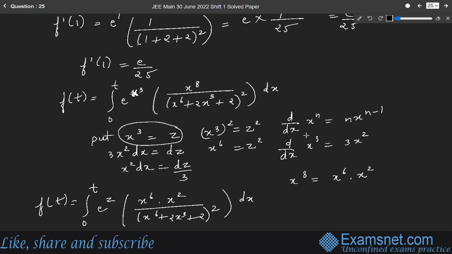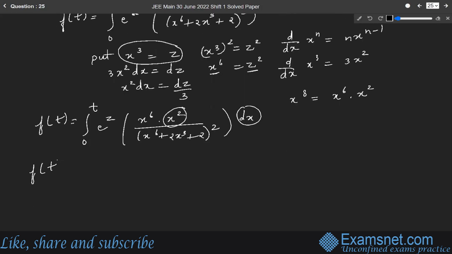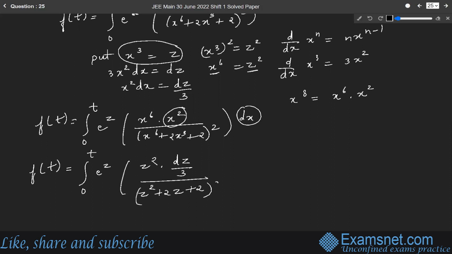Now let us substitute the values. We know that x to the power 6 is z², and x² dx is equal to dz upon 3, okay? So f of t will be equal to integral of 0 to t e power z into, x⁶ is z², x² dx is dz upon 3, divided by x⁶ is again z² plus 2 into x³, x³ is equal to z, plus 2 and whole square, right?